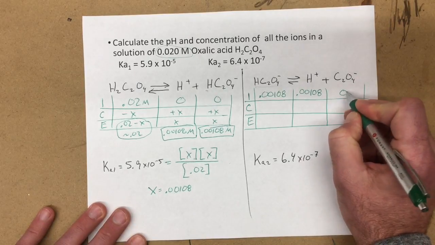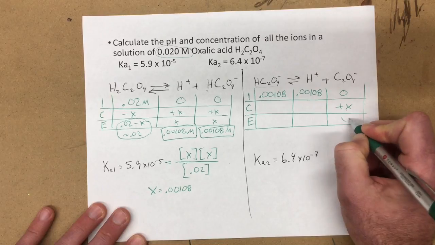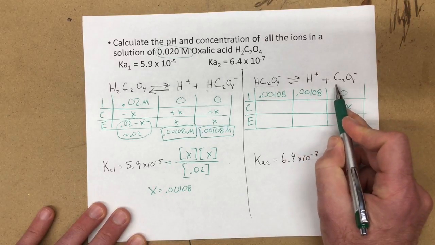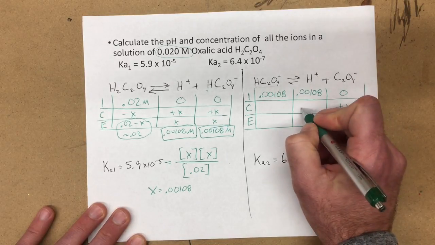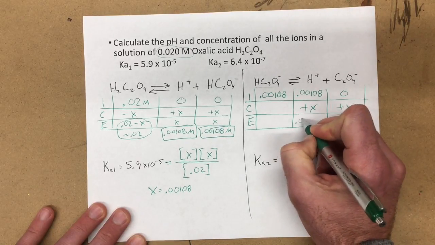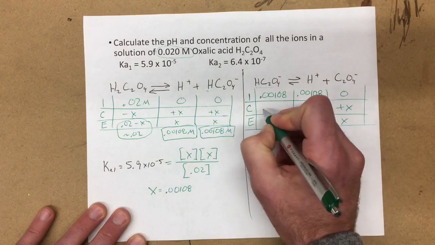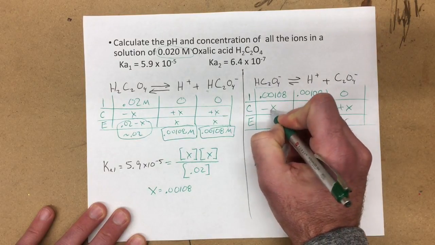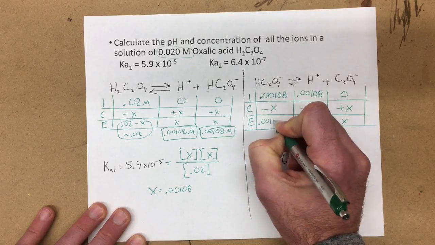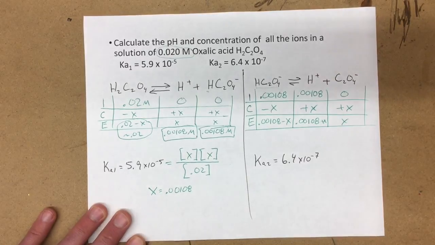So this is going to be starting at 0, so the only way it can go is up, so it'll go plus x, which makes x. When this increases, this also has to increase by the same amount, so plus x. So this will be 0.00108 plus x. This will have to be decreasing by x, so 0.00108 minus x.